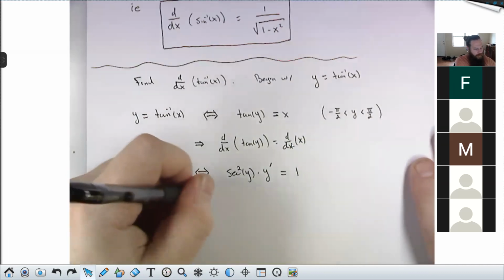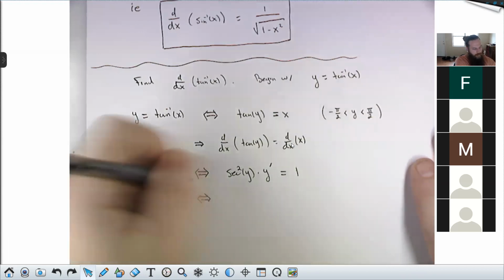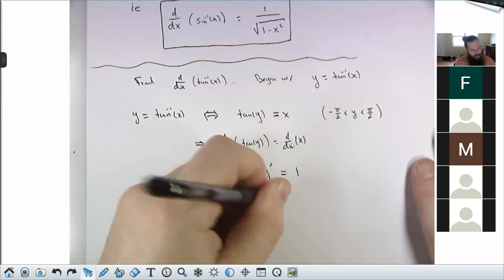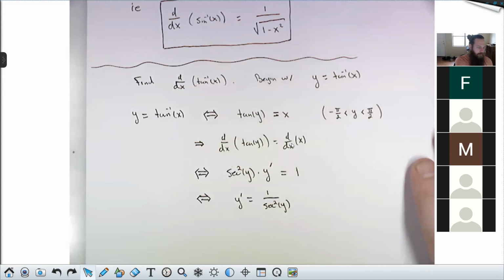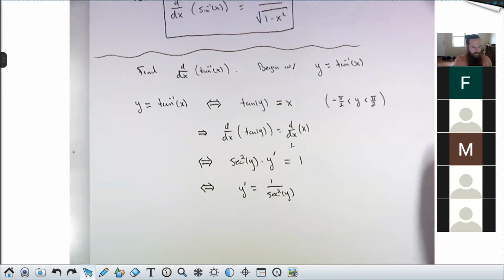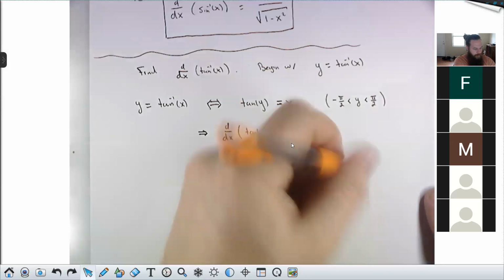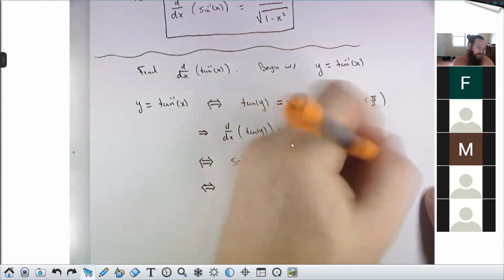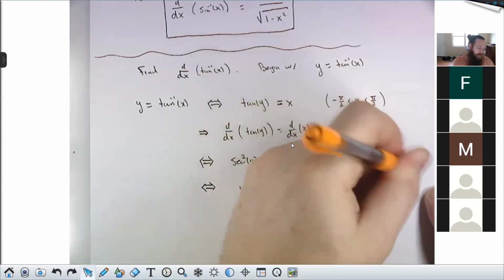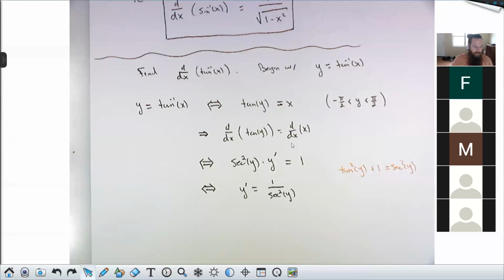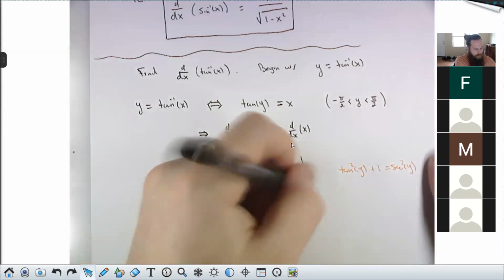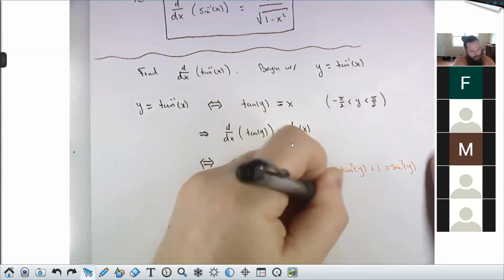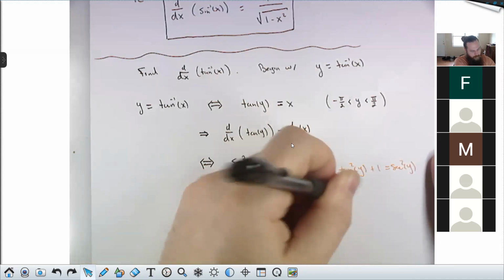And now I can solve for y prime. I get y prime is 1 over secant squared of y. And again, we have this identity: tan squared of anything plus 1 is equal to the secant squared of that thing. This is the second Pythagorean identity. So secant squared of y is the same as tangent squared of y plus 1.